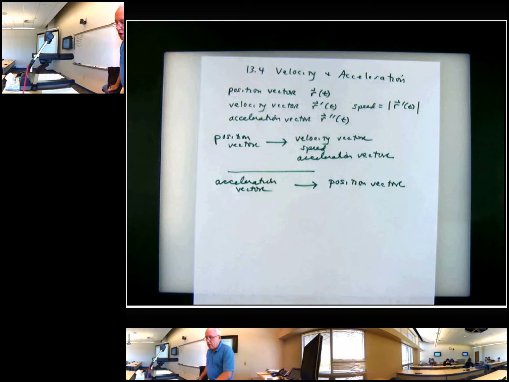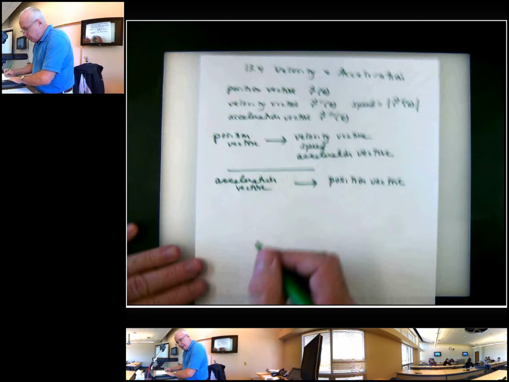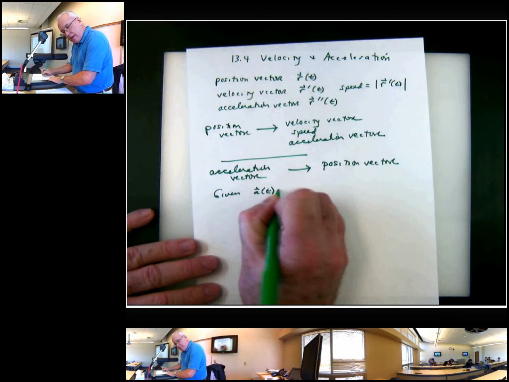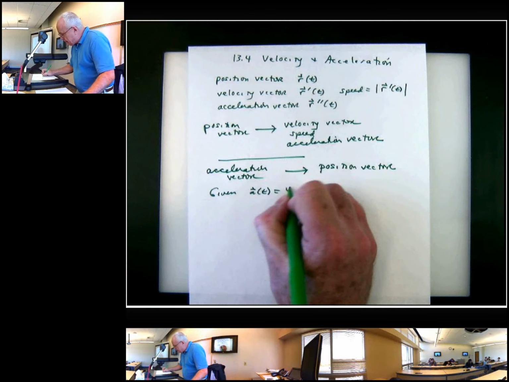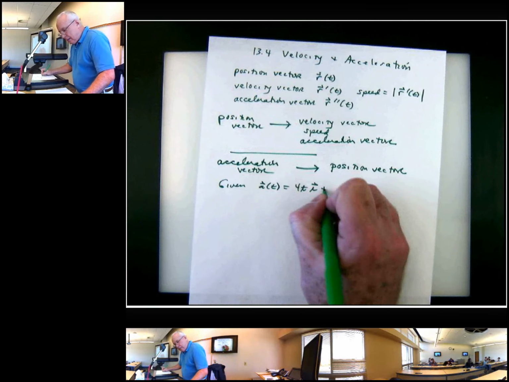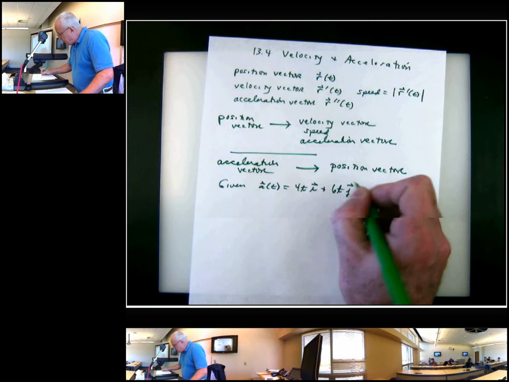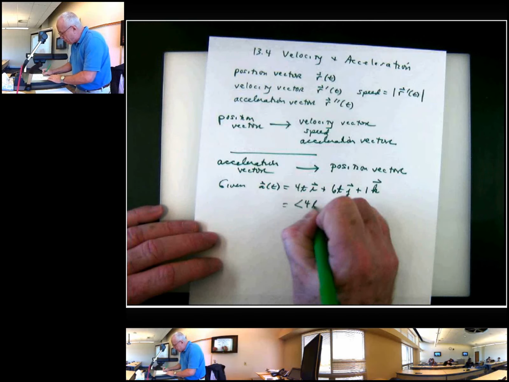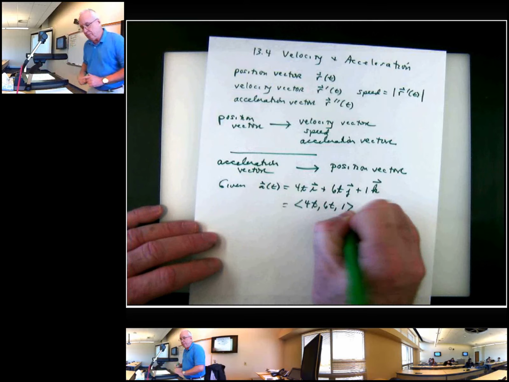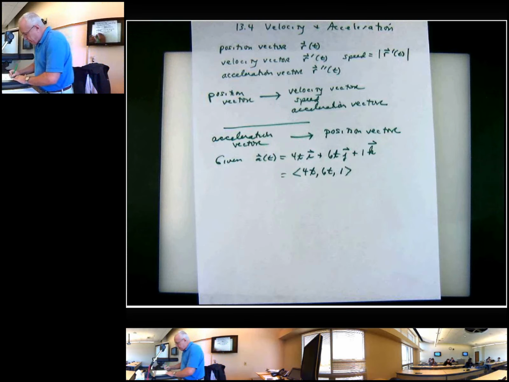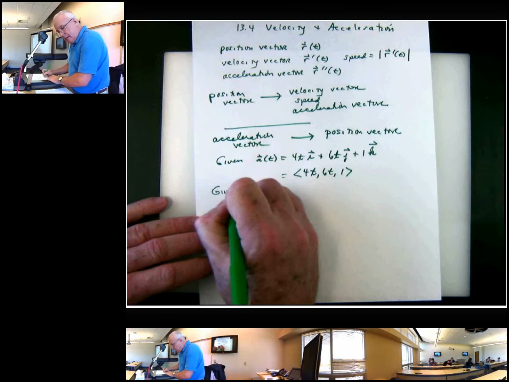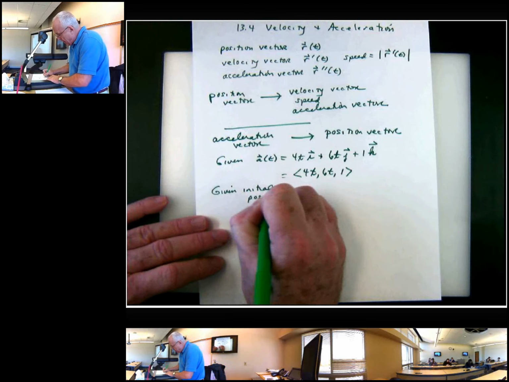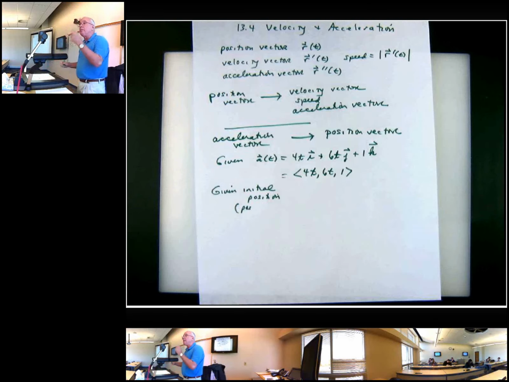Okay. All right. So let's get the facts here that we're given. We're given that the acceleration is given by 4t times i plus 6t times j plus 1 times k, or in other words, in angle brackets, it's <4t, 6t, 1>. All right. Now what we're also given is the initial position, and this means the position when time is equal to 0.